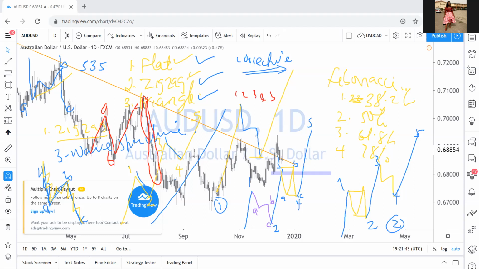That this three-wave structure must appear in wave B. Okay, when you have 1, 2, 3, 4, 5. This one, 1, 2, 3, 4, 5. This one must be 1, 2, 3 in the middle. And the 1, 2, 3 that you are seeing in the middle, that is a B wave.